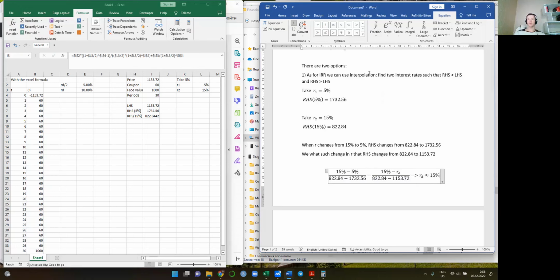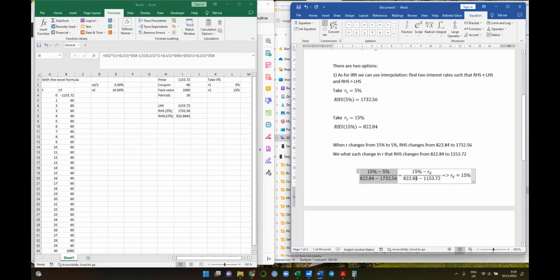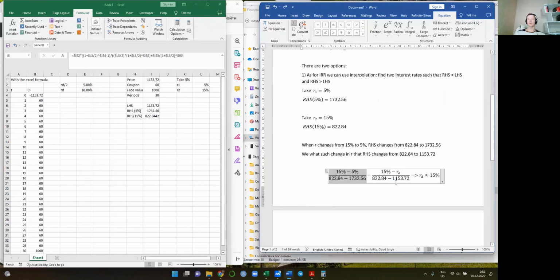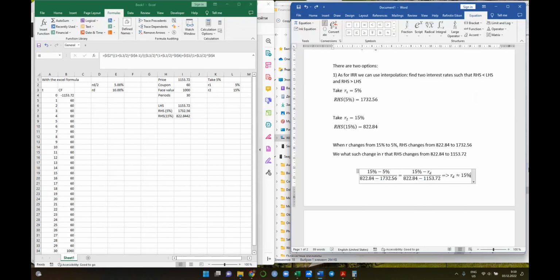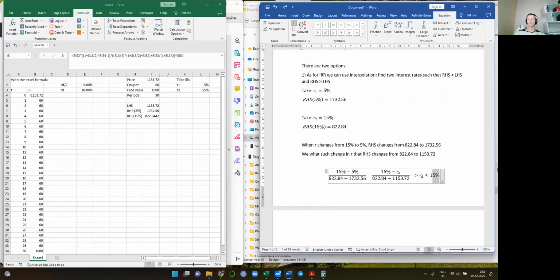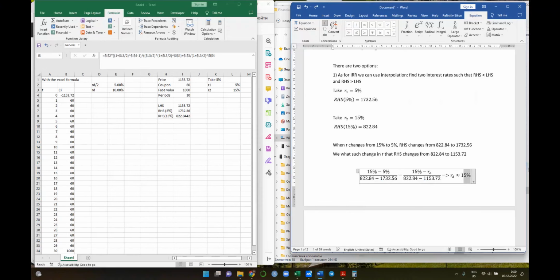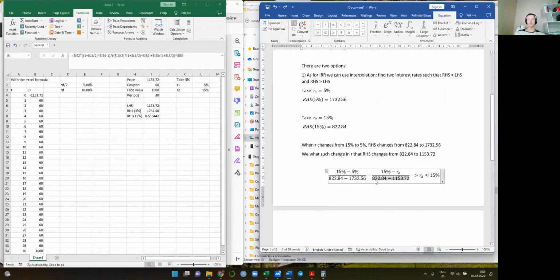Let me think. Multiply this thing. Okay, so we can rewrite it like this.